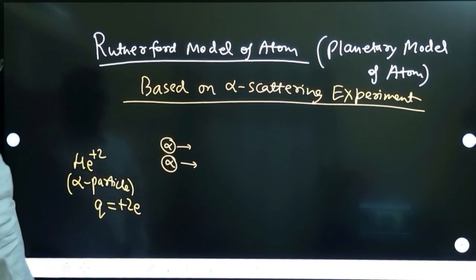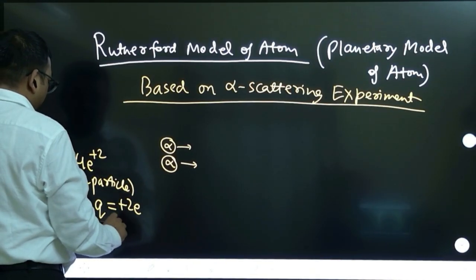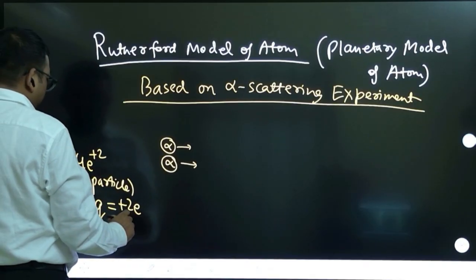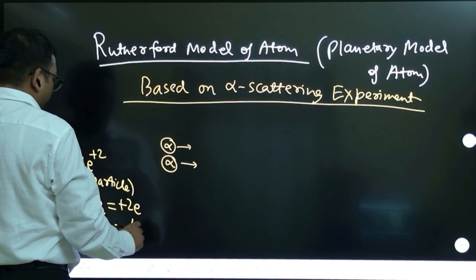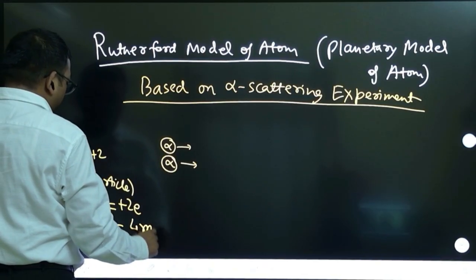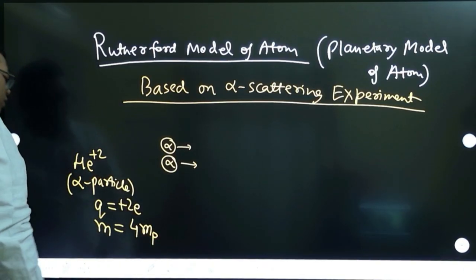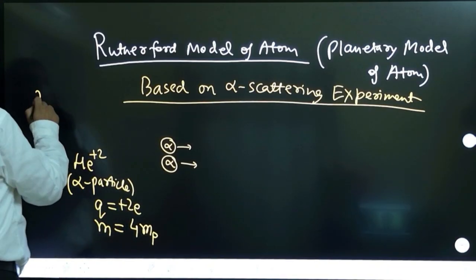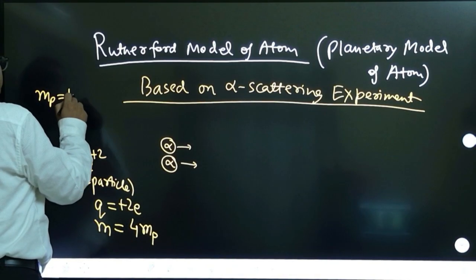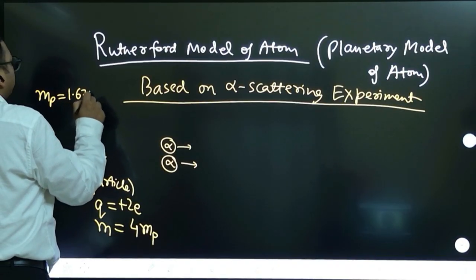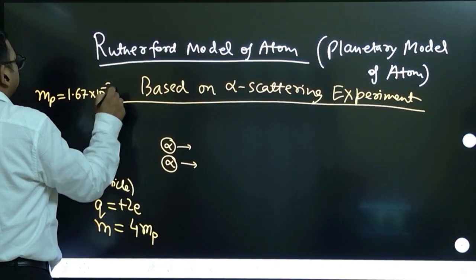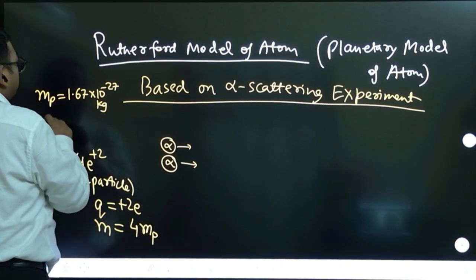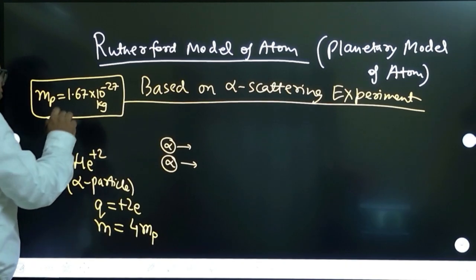And what is the mass of alpha particle? Mass of alpha particle is almost 4 times the mass of proton. And the mass of proton is nearly 1.67 into 10 to the power minus 27 kg.